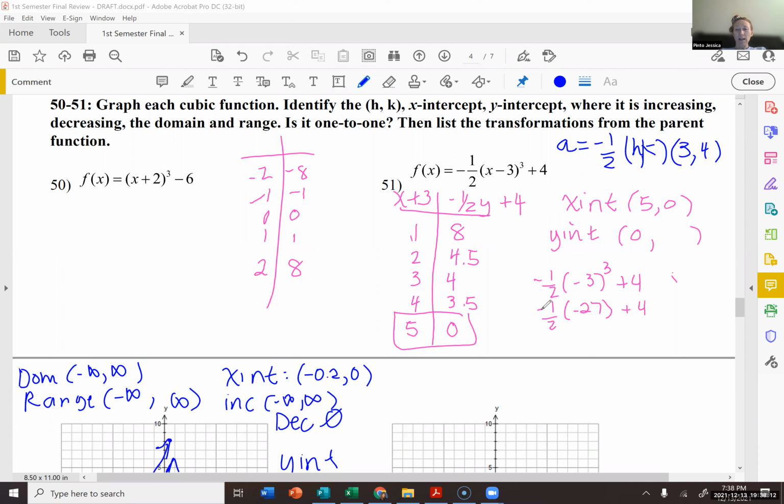And then these two negatives are going to cancel out. And I'm going to get half of 27, which is the decimal 13.5, plus 4, 17.5. So that's not going to be on the graph, but at least now I know. And I can start plotting these values on the grid.